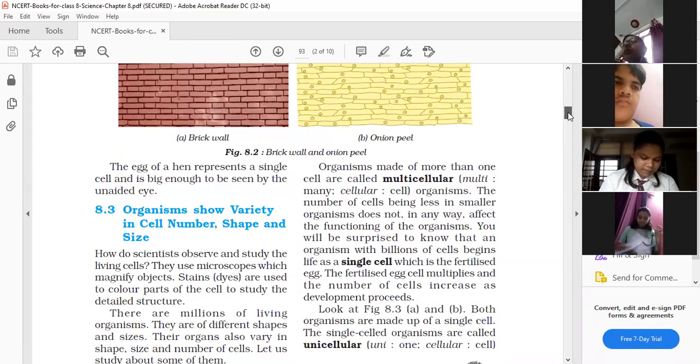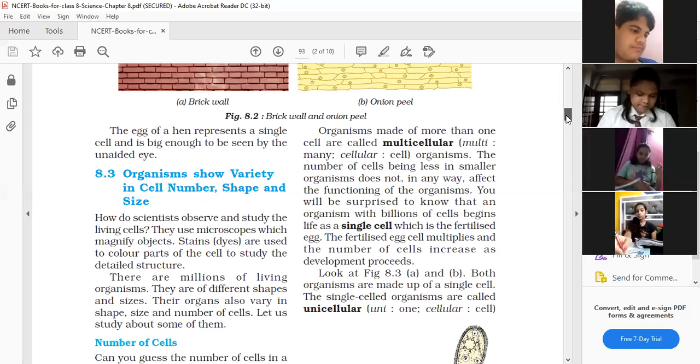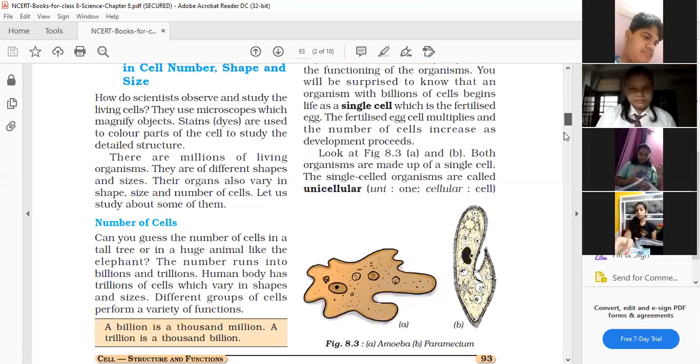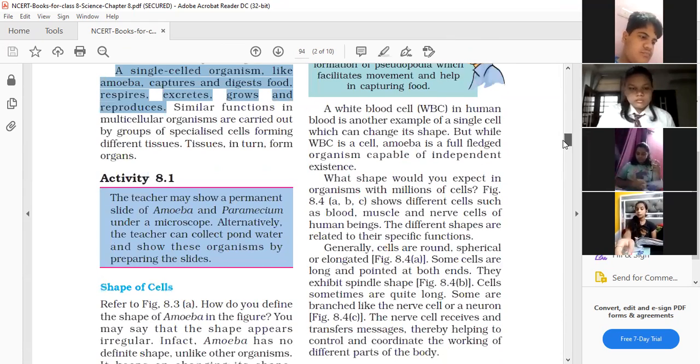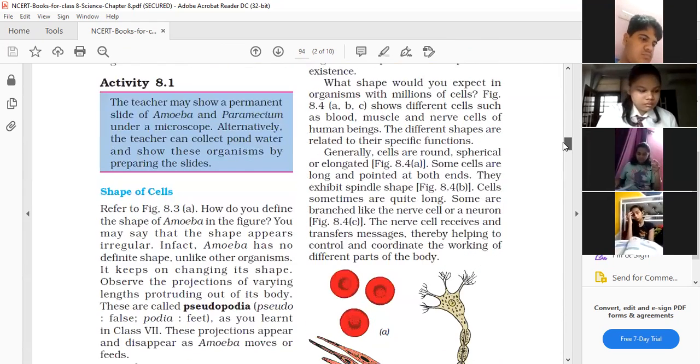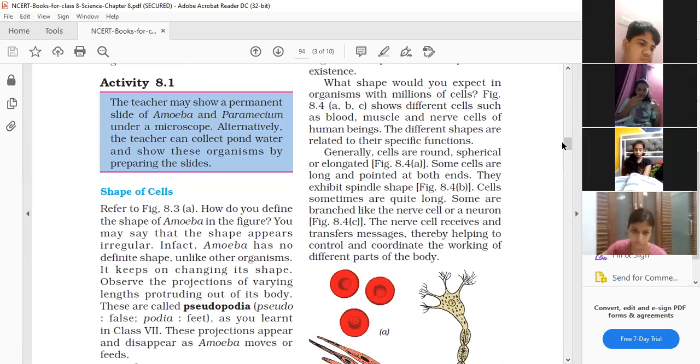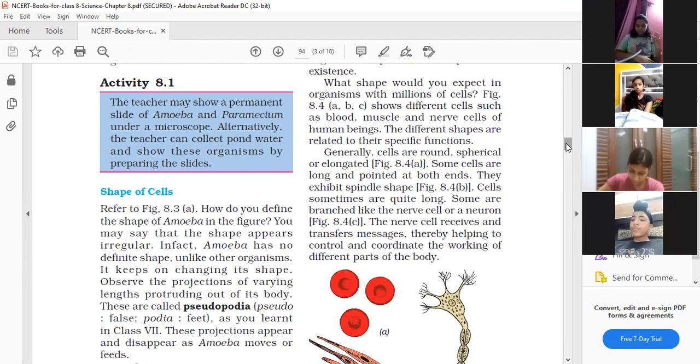After that, we discussed the difference between the multicellular and unicellular organisms, that how unicellular organism perform all the functions. Now let's discuss the shape of a cell, how shape and sizes of the cell differ from each other. So we'll be starting from here only.